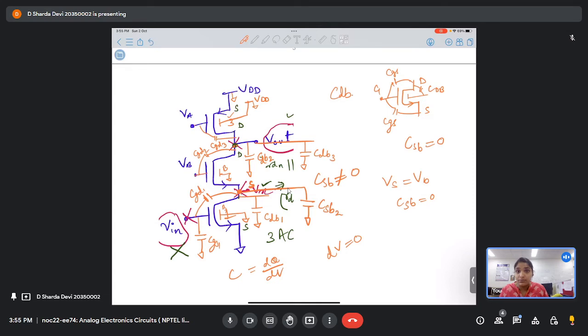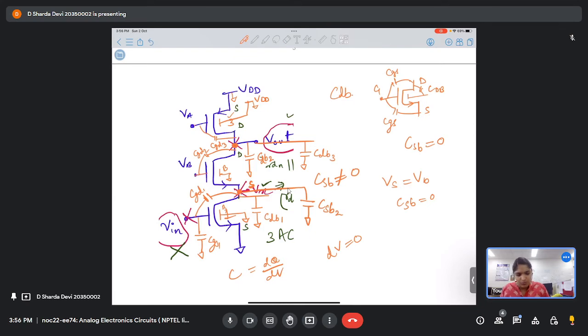No, there won't be any CSB. So if you carefully look at them, these two nodes we were talking about have CDB2 parallel CDB3, and CDB1 parallel CSB2.